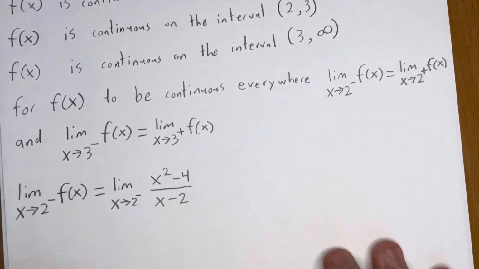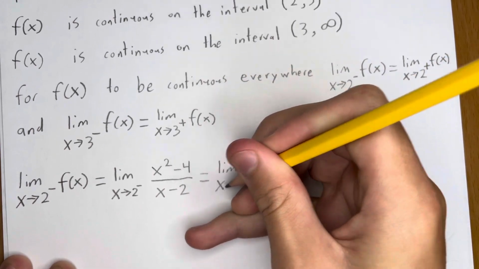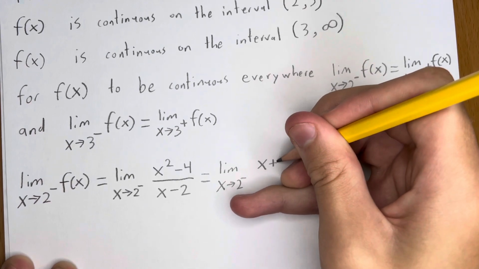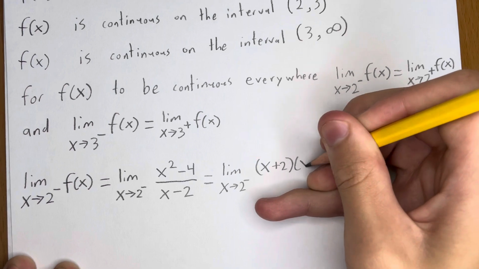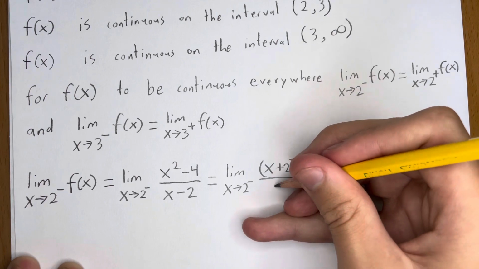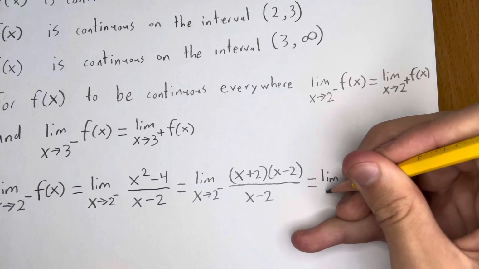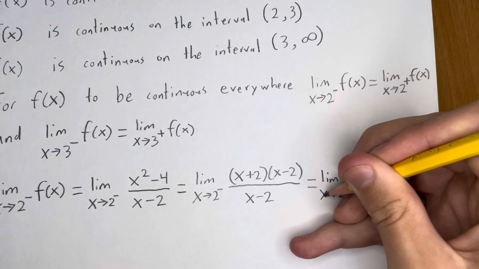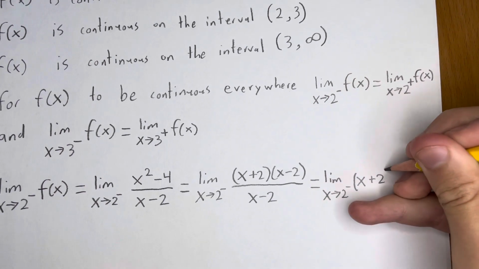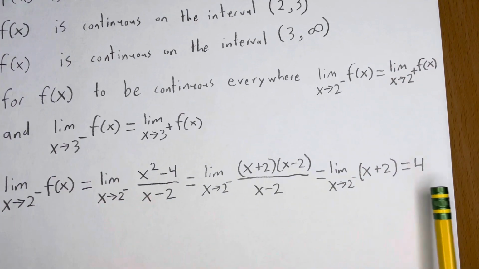We can say this is equal to the limit as x goes to 2 minus of x plus 2 times x minus 2, because that's the conjugate, over x minus 2, which is equal to the limit as x goes to 2 minus of x plus 2, which is simply equal to 4. So our left limit at 2 is equal to 4.